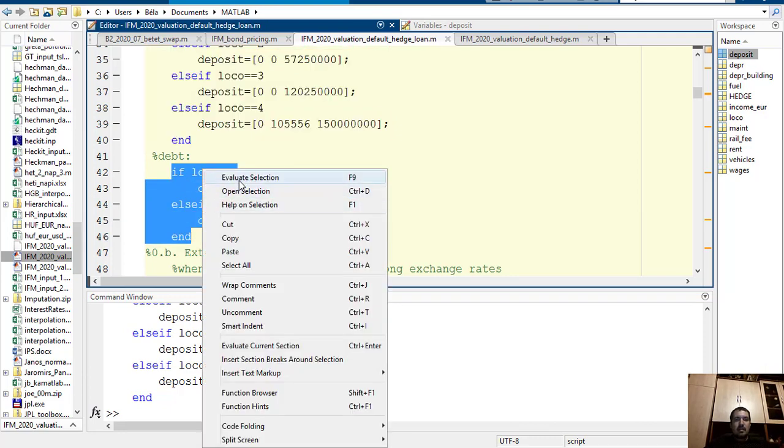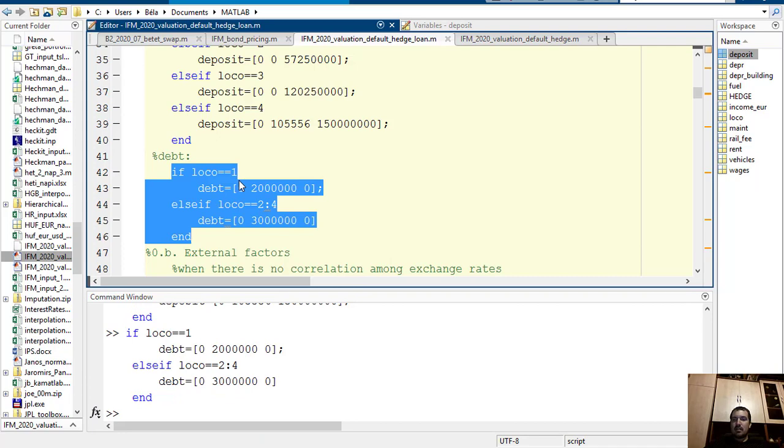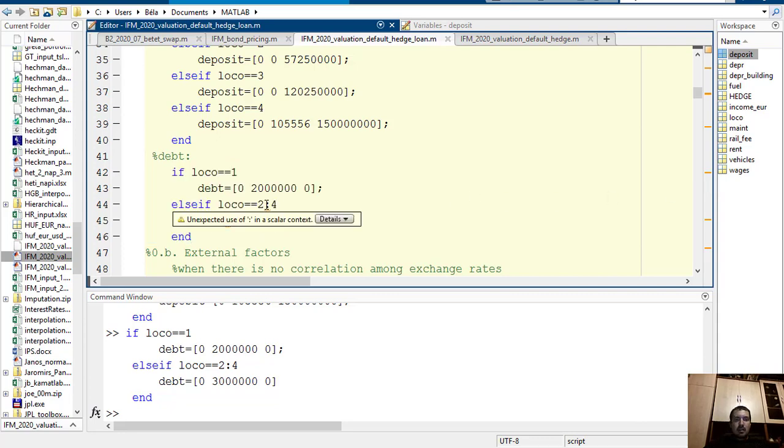Is debt defined? Oh, it cannot be defined. Wow.